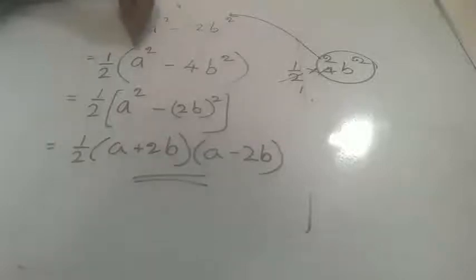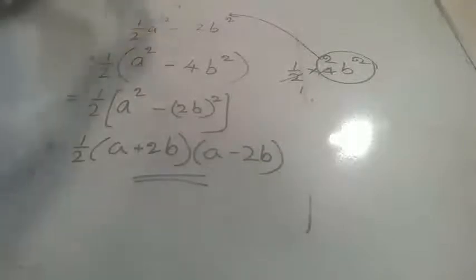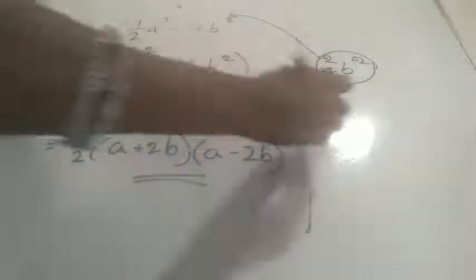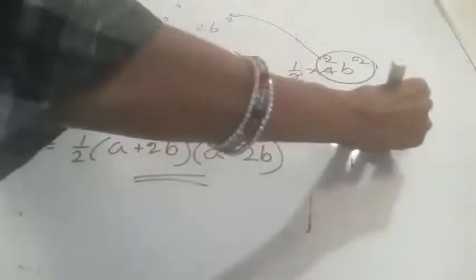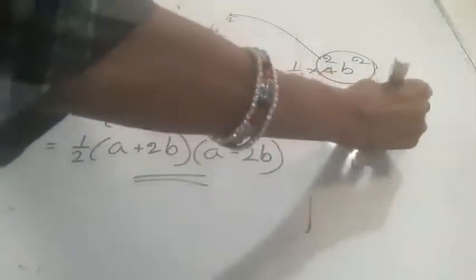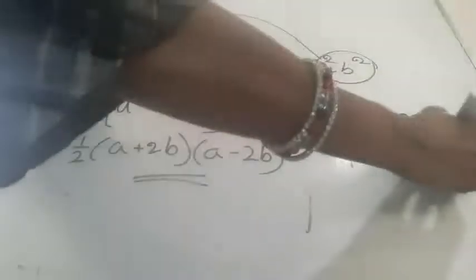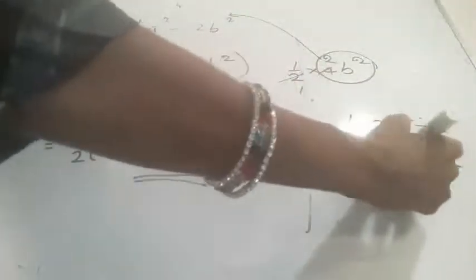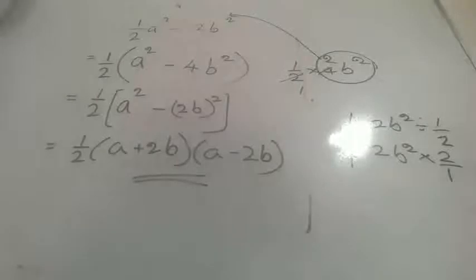We multiply a squared by half. Now 2b squared divided by half. 2b squared, when we multiply by the reciprocal of this, 2 times 2, 4. 4b squared is here.